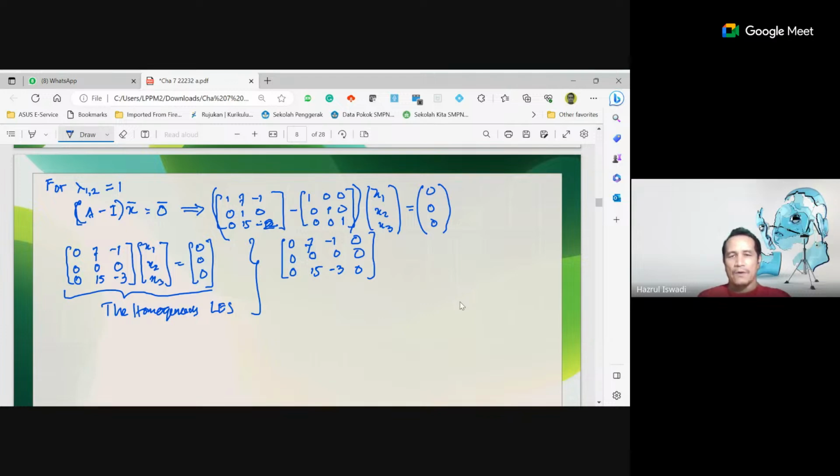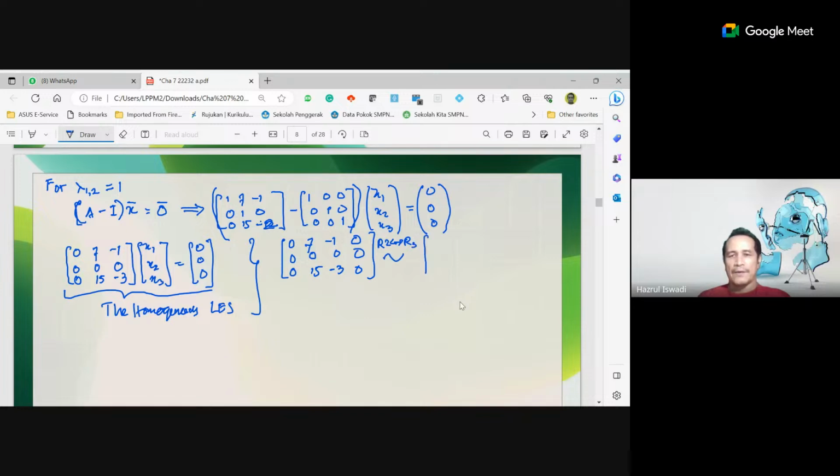So from now we want to apply row operations. We can switch row 2 with row 3 like this.